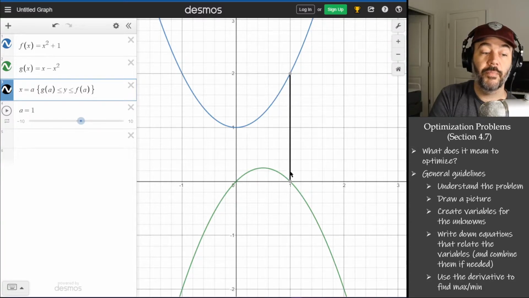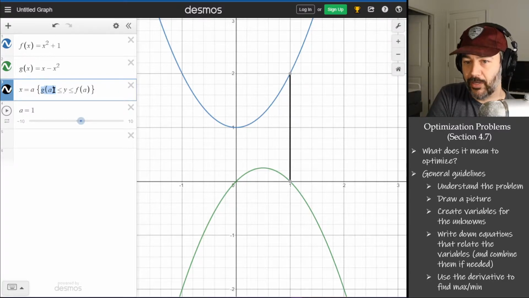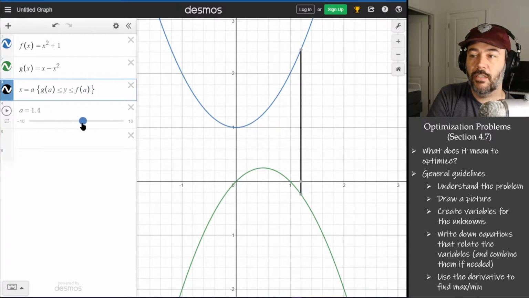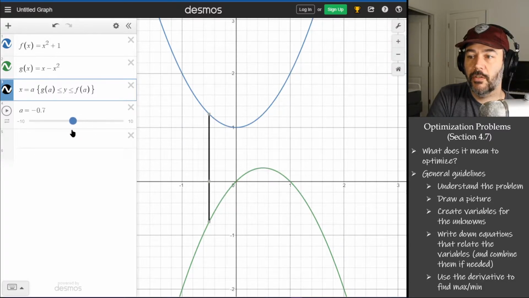The length of this black line is the distance between the two. The minimum is at the green graph and the maximum is at the blue graph. And if I slide this, do you notice that the length changes?